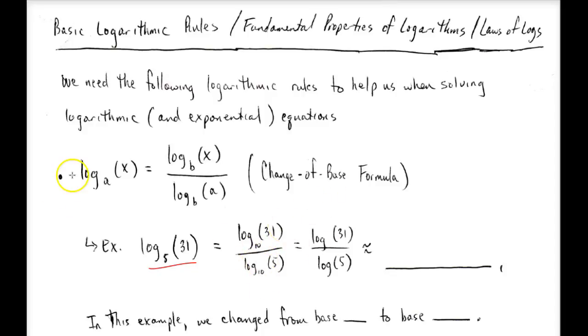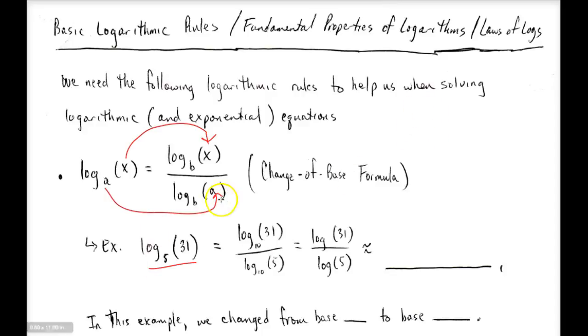Simply put, changing from log base A to log base B entails doing log of B, and whatever the logarithm function is being evaluated by, which is what's inside the parentheses, goes on top, and the base goes on bottom.